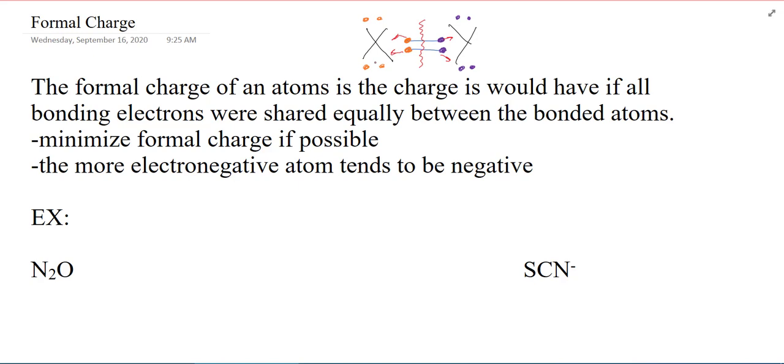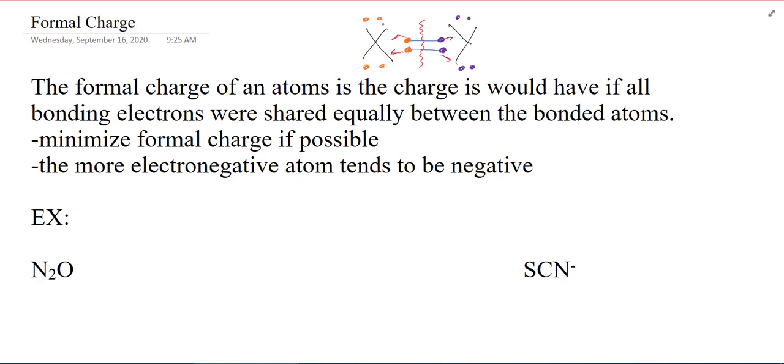If X, let's say, brought in 5 valence electrons, like nitrogen, and it has 6 valence electrons, it would be -1. Okay, so hopefully we're going to do 2 examples of this so that we can see it, and we'll use formal charge from now on.